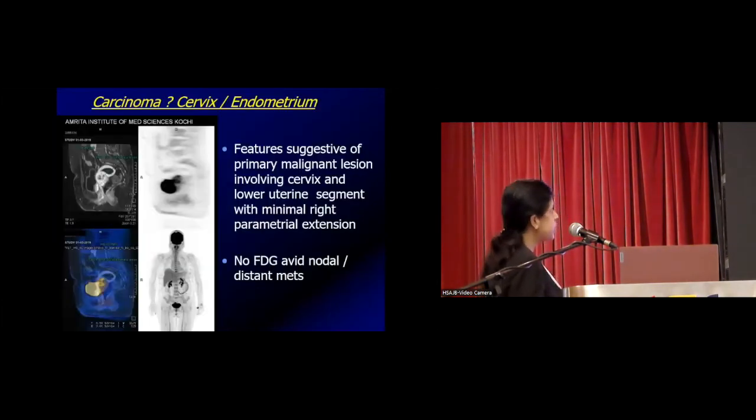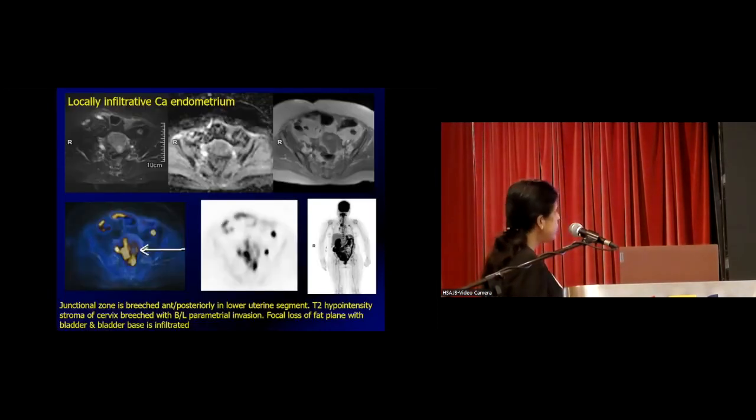So this is a patient with query CA cervix or endometrium, and the PET-MR imaging has been useful to identify the primary site of malignancy in the cervix and the lower uterine segment with a minimal right parametrial extension. It was a localized disease with no involvement of regional or distant nodes and metastasis. So this is another example of a locally infiltrative CA endometrium.